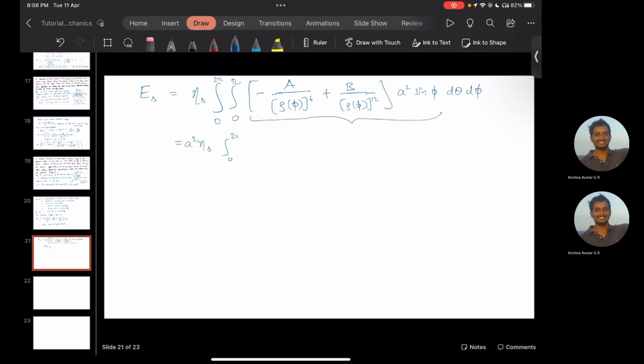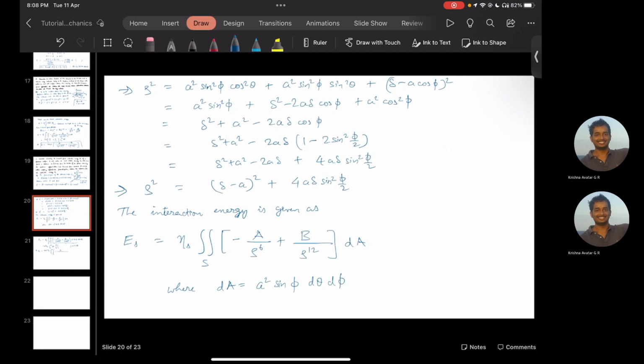So 0 to 2 pi d theta and 0 to pi for the rest of the terms, sine phi d phi. So this implies that E of s is equal to 2 pi a squared eta of s, and 0 to pi, minus a by, we had a large expression, is it not?